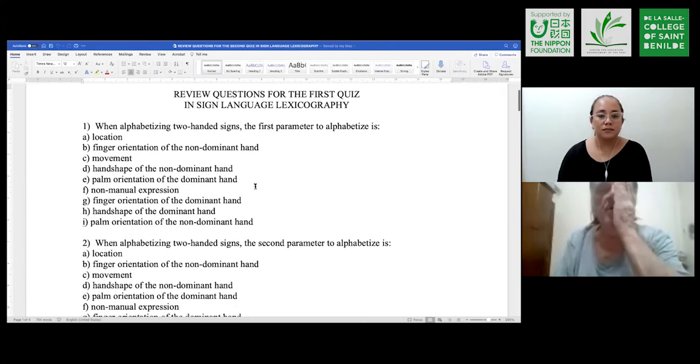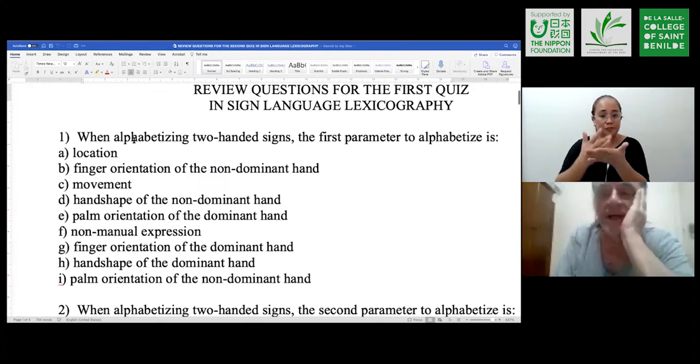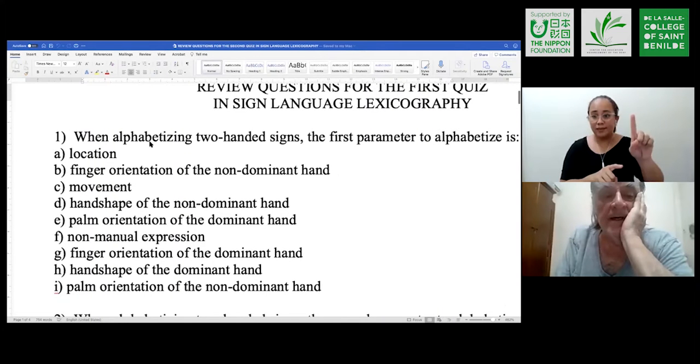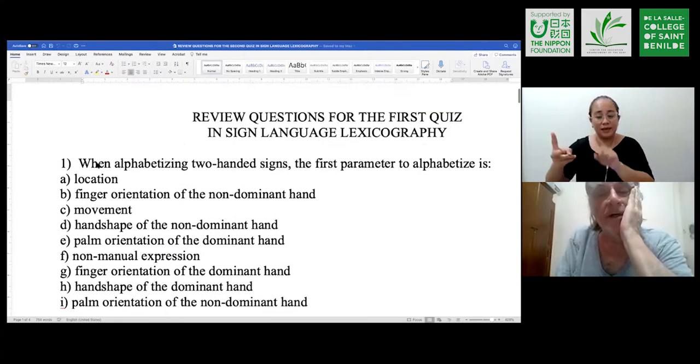Okay, so the first part of the course focused on one-handed signs. And the second part will focus primarily on two-handed signs.